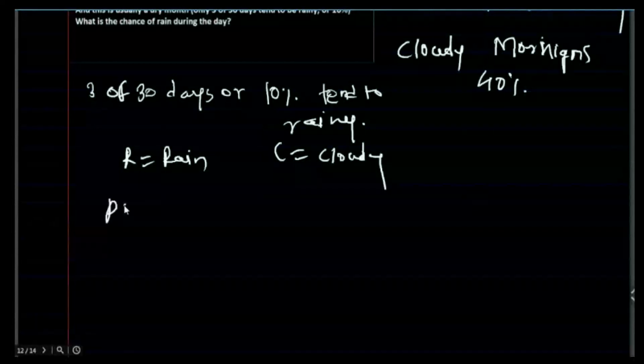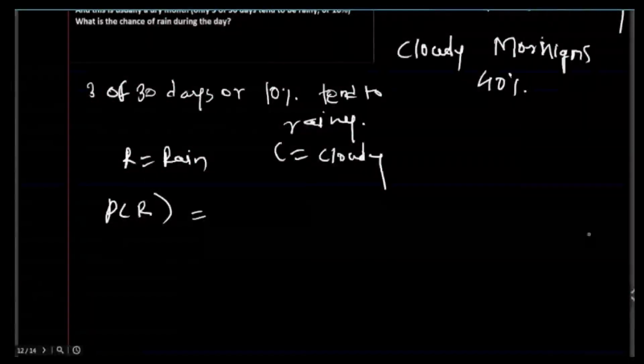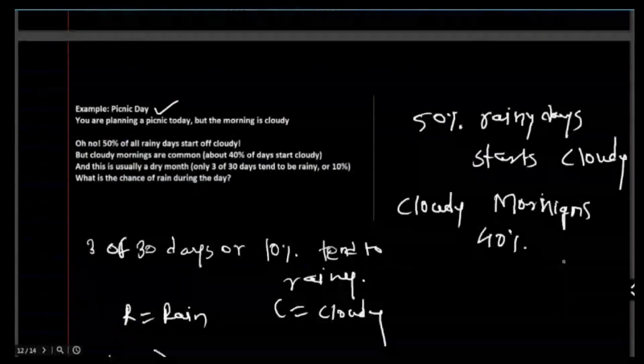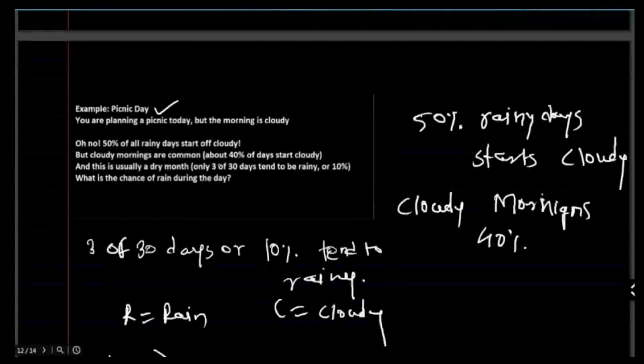So probability of rain is given as equals to, here it is given that only 3 out of 30 days tend to be rainy. That means 10% is the probability of rain.